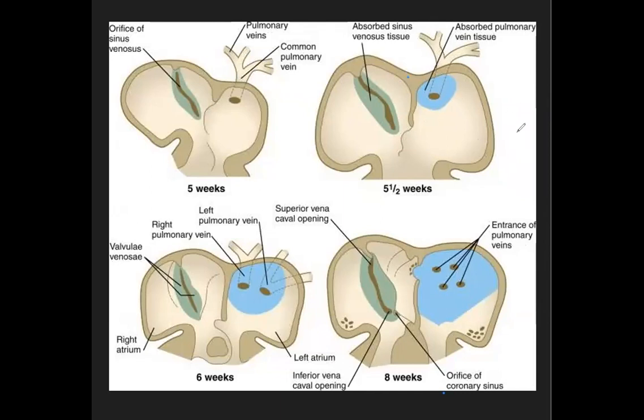This is the left atrium, and they incorporate inside. At 5 weeks, they are not incorporated, but at 5.5 weeks, it is incorporated a bit inside. And you can say that they are divided into 2 pulmonary veins, right and left, at around 6 weeks.